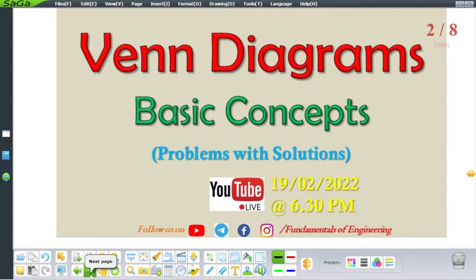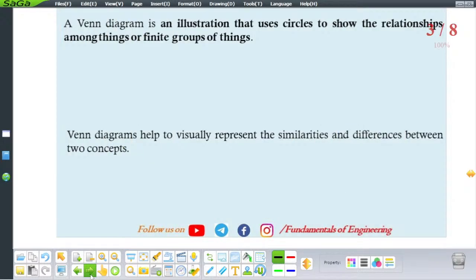So without wasting so much time, we can start our session regarding Venn diagrams. A Venn diagram is an illustration that uses circles to show the relationship among things or finite groups of things. In data interpretation, we are given data of any type, for example some randomly selected people who are asked which subjects, sports, fruits or locations they like among the given choices.